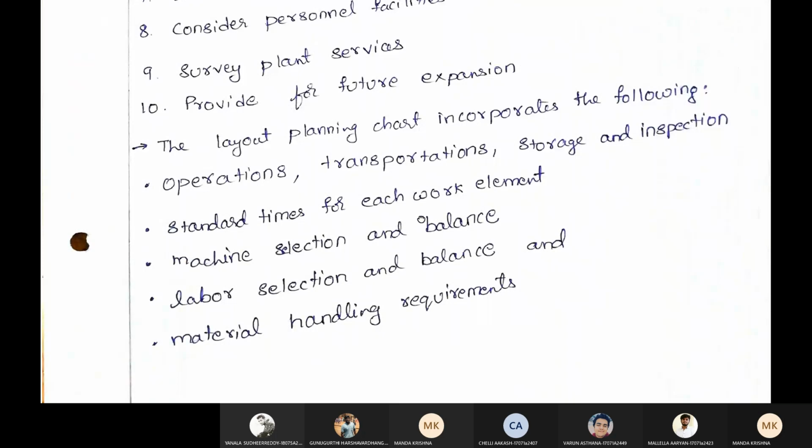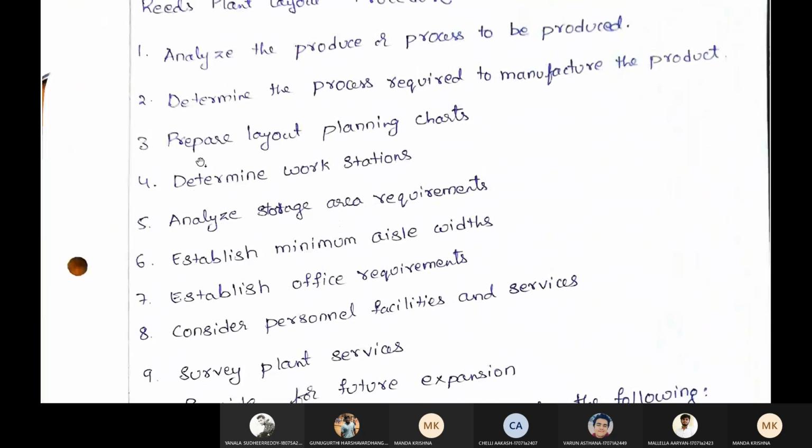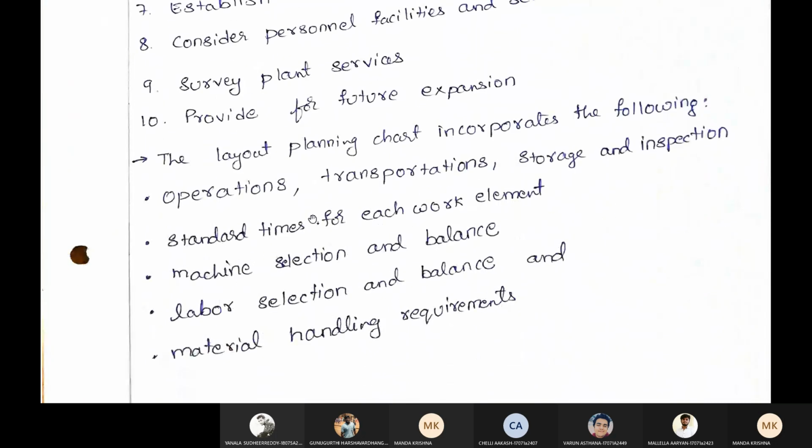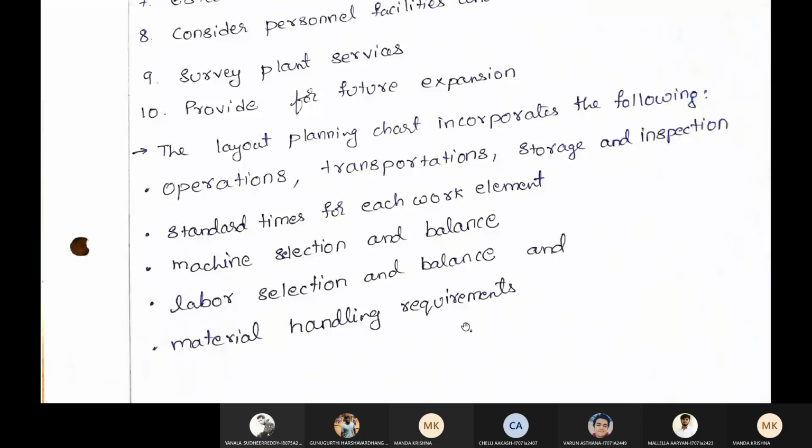The plant layout planning chart incorporates the following operations. Initially, we have seen layout planning charts here. We have to prepare the layout planning chart. This layout planning chart contains information about the operations, transportation, storage and inspection, standard times for each work element, machine selection and balance, labor selection and balance, and material handling equipment.